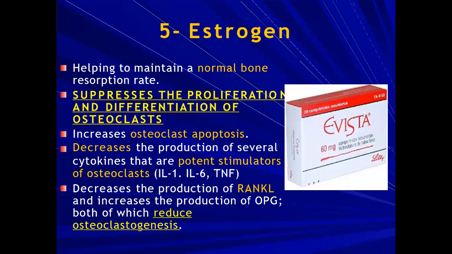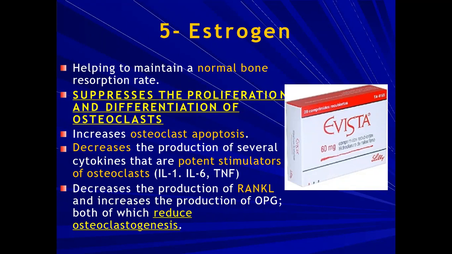The other one is estrogen, which is treated as a mainstay. It helps to maintain normal bone absorption. It suppresses the proliferation and differentiation of osteoclasts and increases osteoclast apoptosis.